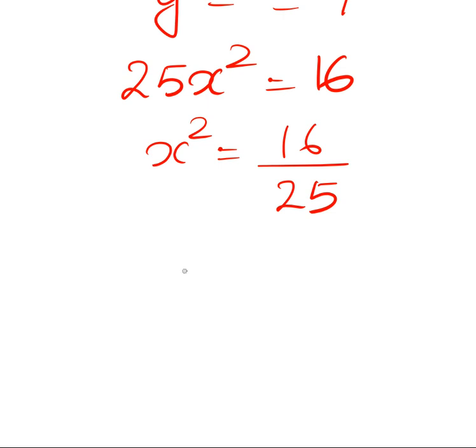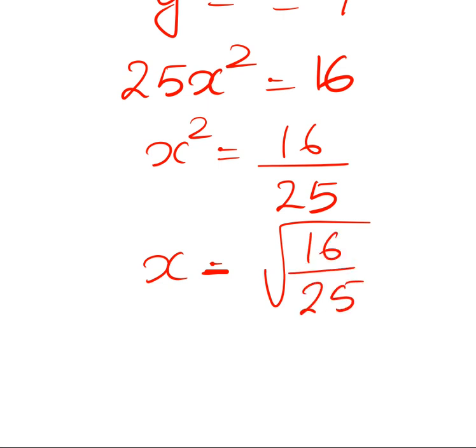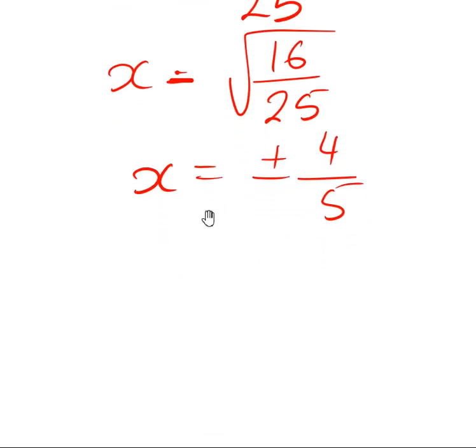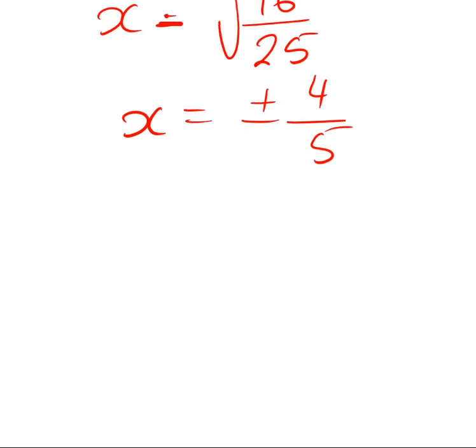Now we can take square root on both sides. So x is equal to square root of 16 over 25. Both 16 and 25 are perfect squares. So x is equal to plus or minus 4 over 5.